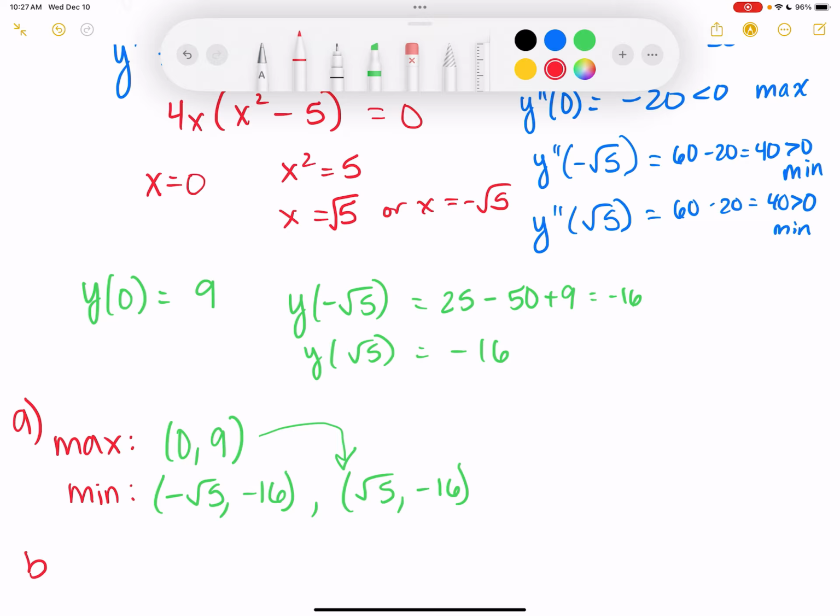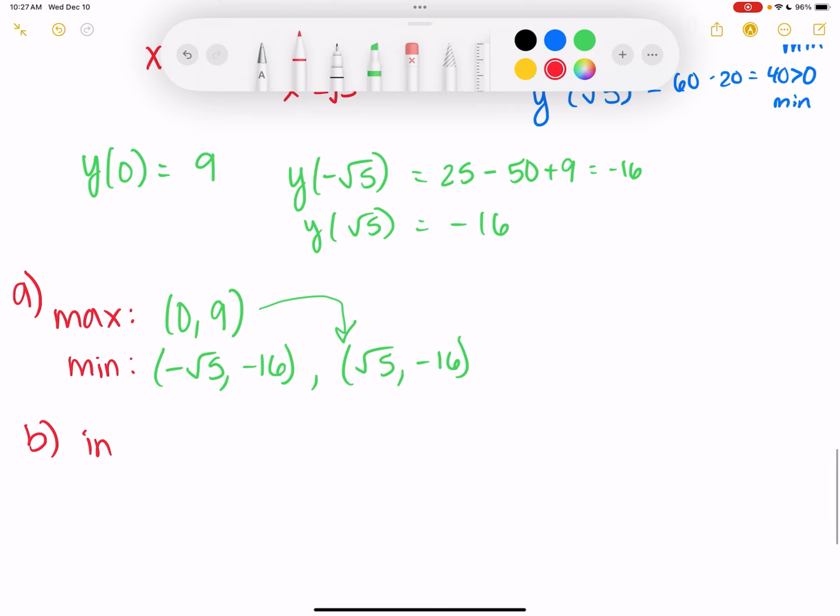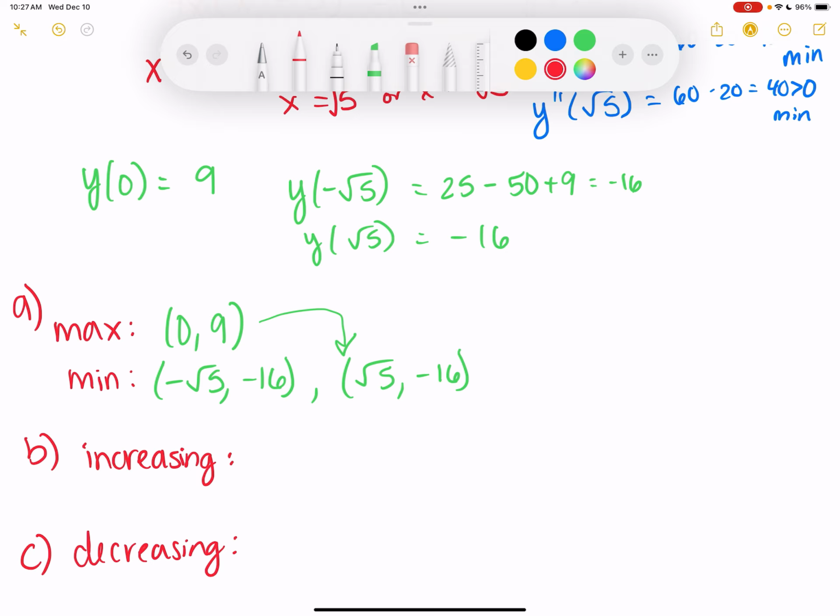So I'm going to set up increasing and decreasing so I can go left to right and write them down as I go. If the first thing I have is a min, then I had to be decreasing first. So I was decreasing from negative infinity to negative square root of 5.